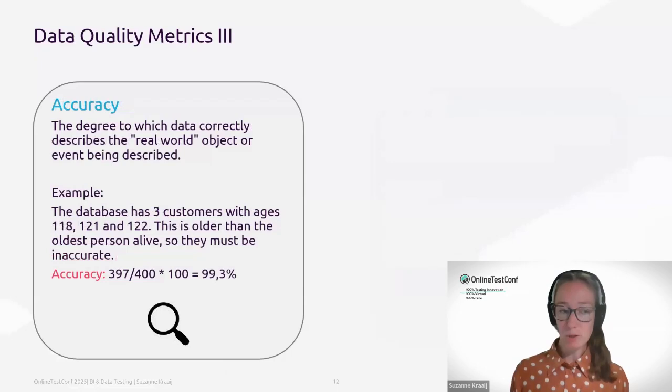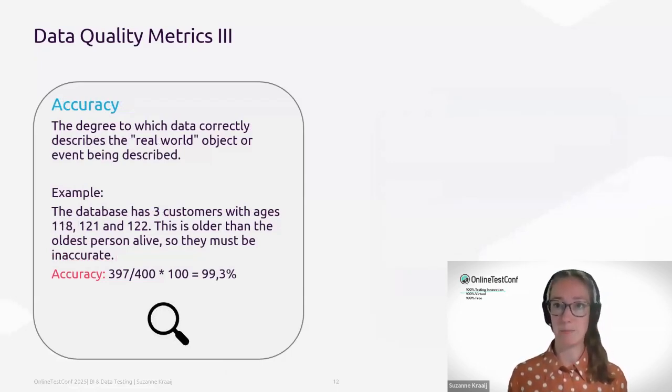Something that overlaps with validity sometimes is accuracy. Accuracy is about, does it fit real life, the real world? And I think you can already see here what the problem is. So the example shows some people with impossible ages, so they have to be inaccurate. But you don't always know what the real world situation is.